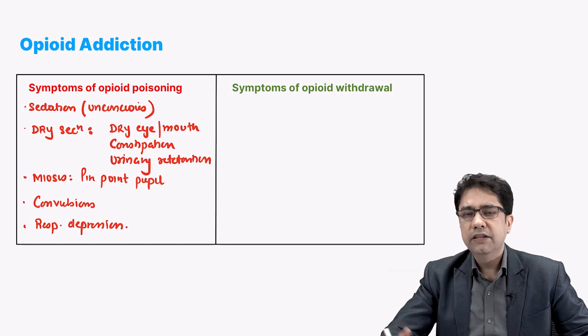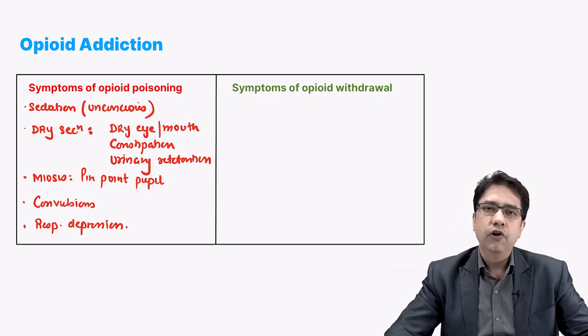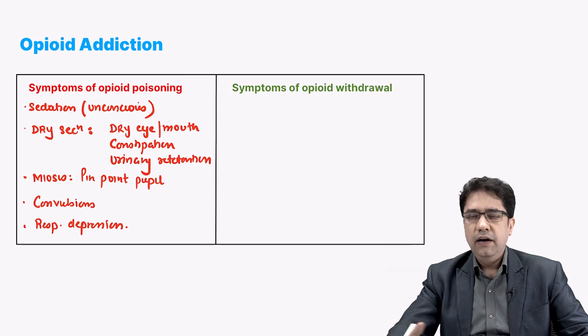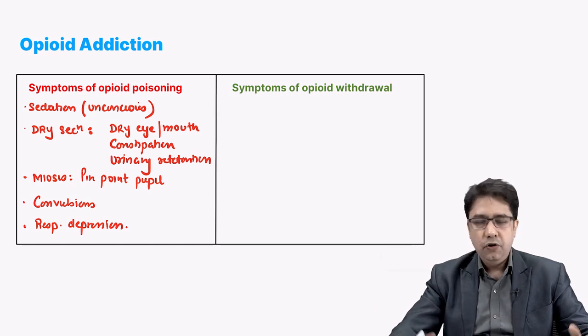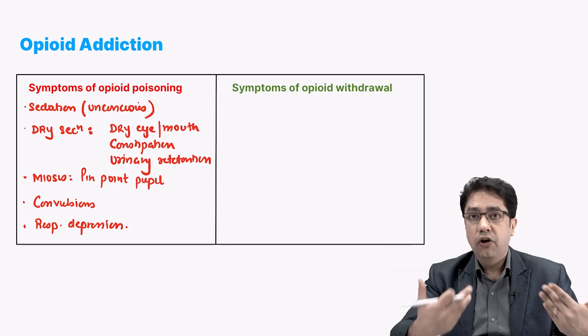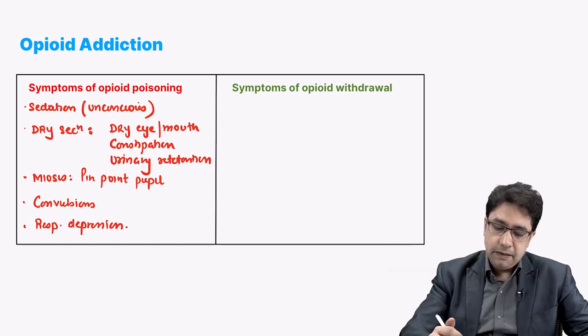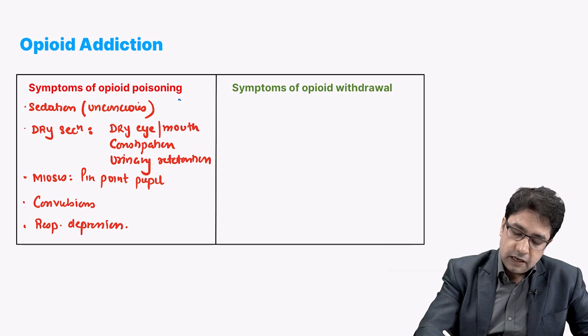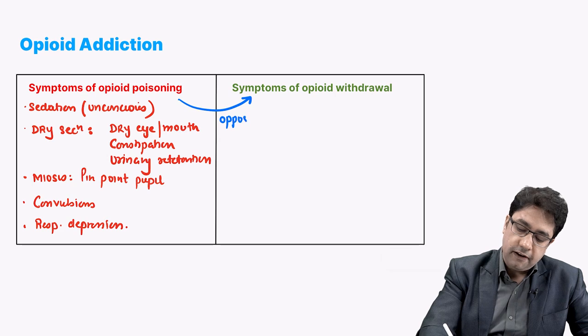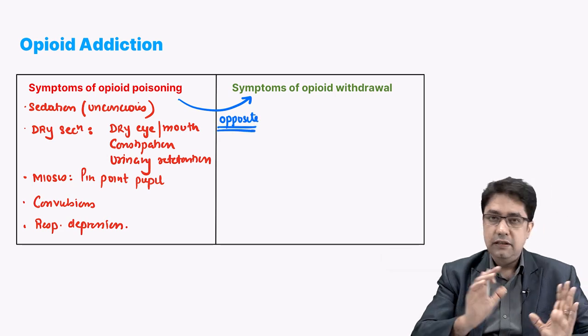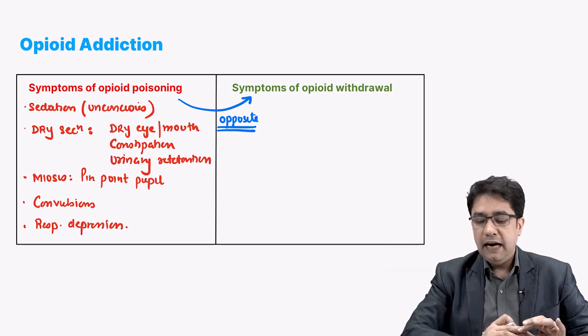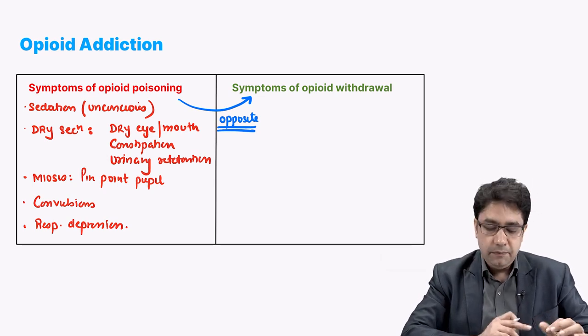Okay. Now imagine a patient who is taking opioid chronically. One day he doesn't get opioid. Don't you think the person will go into withdrawal symptoms? And remember, withdrawal symptoms are opposite of the main effect of any drug. So symptoms of opioid poisoning and opioid withdrawal will be opposite.